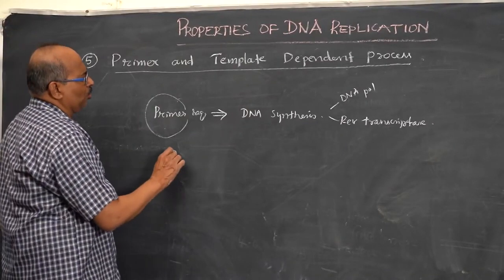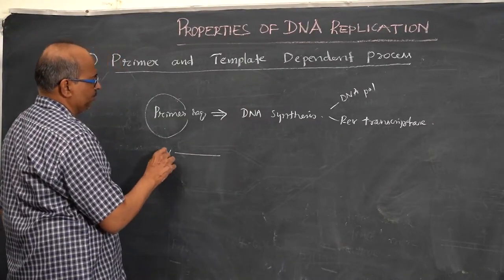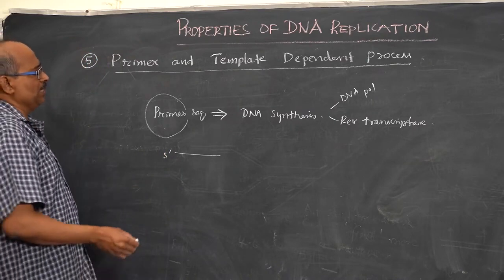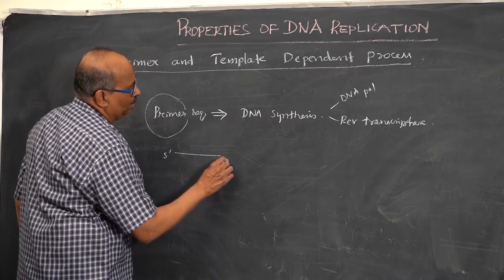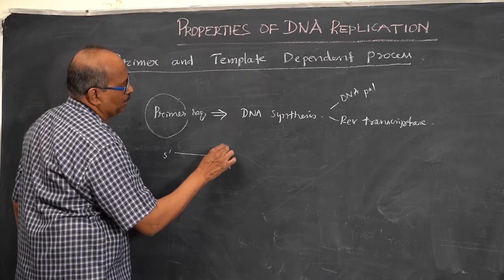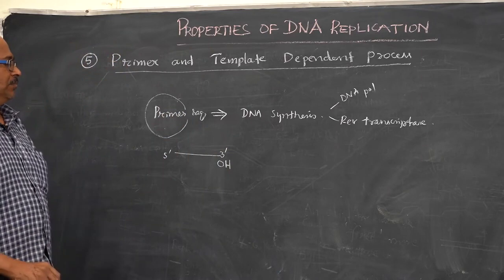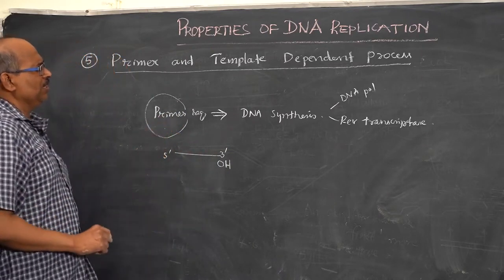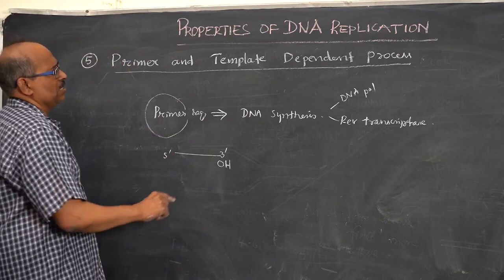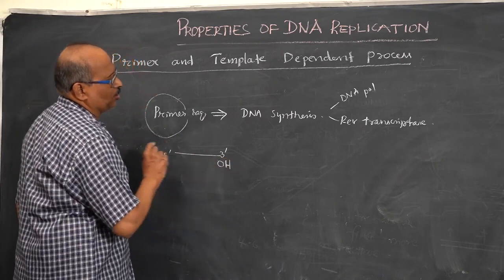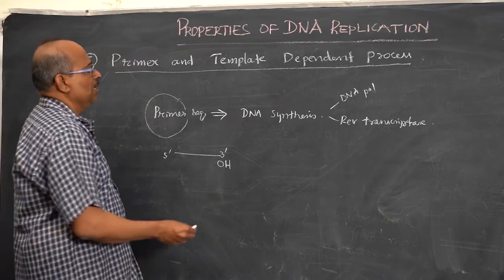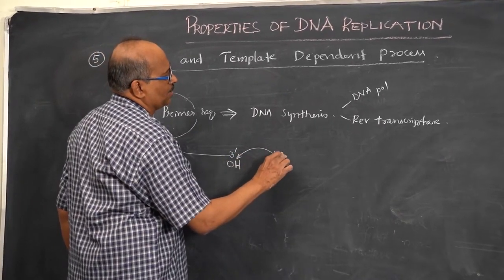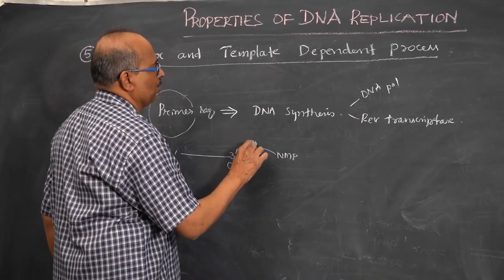A primer is an oligonucleotide segment, maybe 10 nucleotides, 20 nucleotides, 30 nucleotides, 50 nucleotides, that contains a free hydroxyl group at the 3' end. So irrespective of how many nucleotides you have, the important thing for the primer is it should have a free hydroxyl group, because to this free hydroxyl group, the next nucleotide is added by phosphodiester bond.